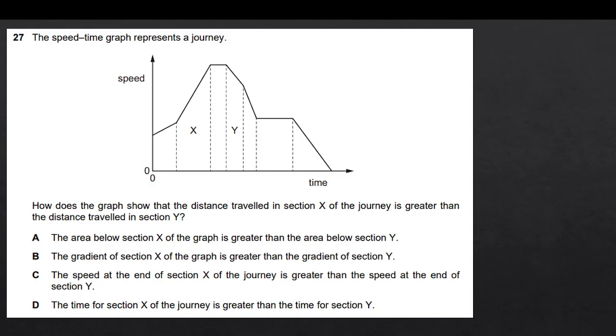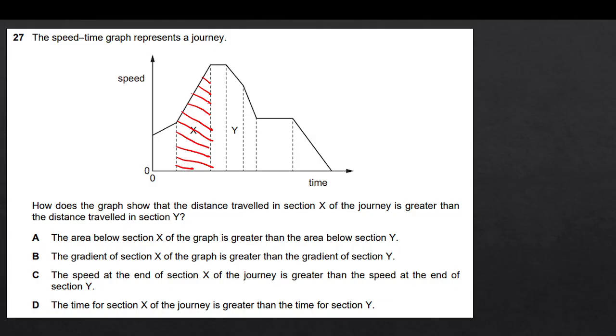Question 27. The speed time graph represents a journey. How does the graph show that the distance traveled in section X of the journey is greater than the distance traveled in section Y of the journey? If we consider a speed time graph, the area under the curve will give us the distance traveled. In section X, this is the area covered. So this is the area under the curve, so this is the distance covered.